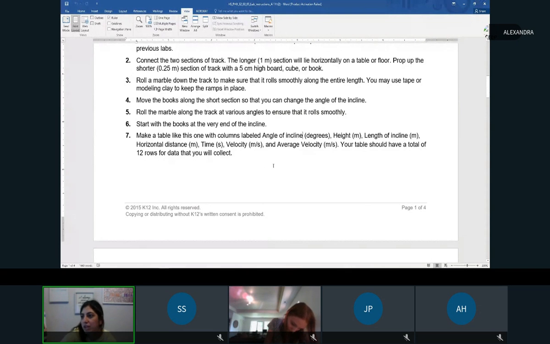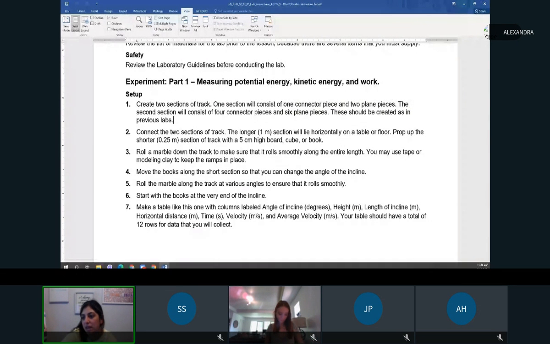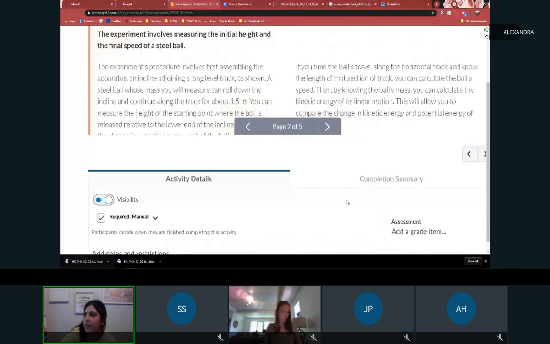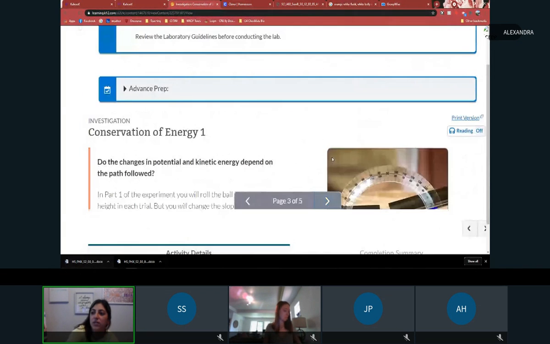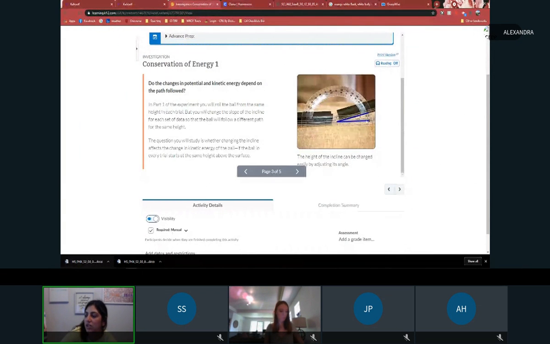This does a pretty good job of explaining it if you are better with step-by-step instructions. But I'd like to show the video quickly so we can all be seeing the same thing. So let's go to the video. Again, it's going to show you how to measure the angle. When you connect it all, it shows you that angle and where to measure it, which is right there.